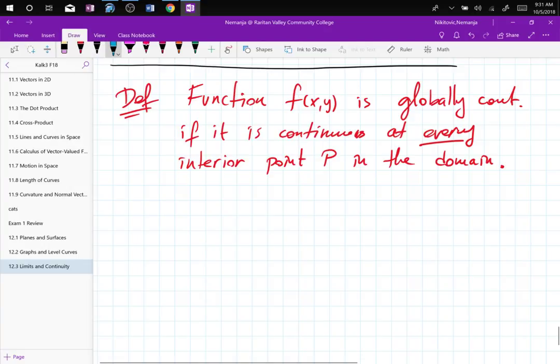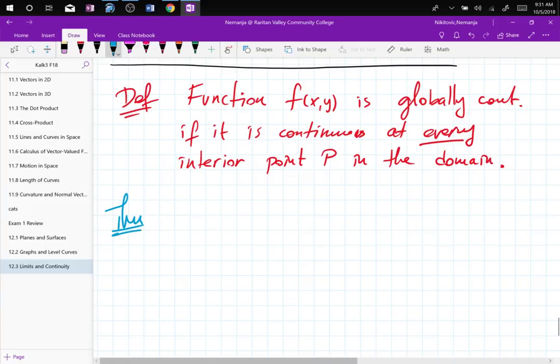And this theorem, sorry, for composite functions. So, continuity of composite functions.